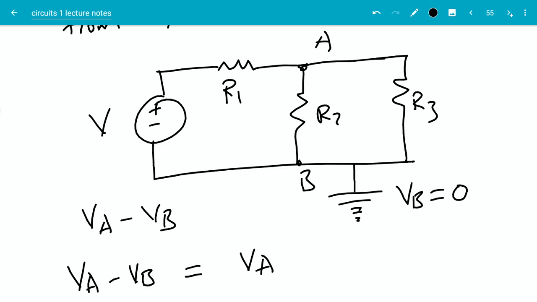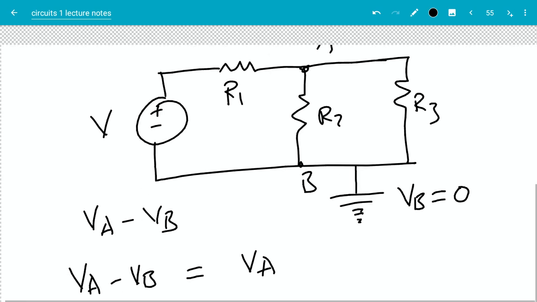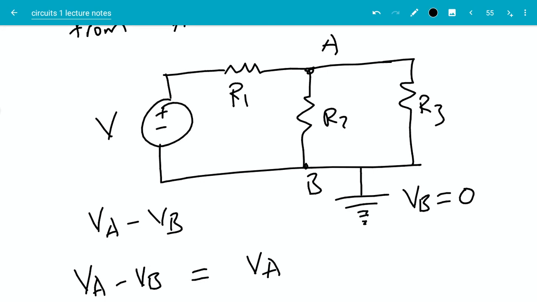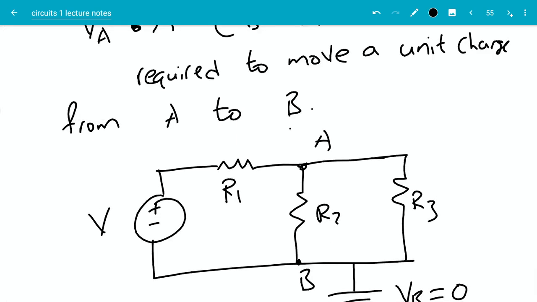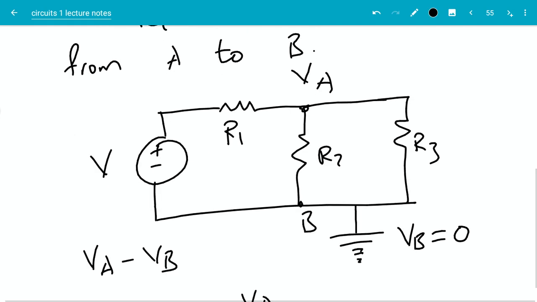Now note that this also means that, let's say I'm giving a voltage VA. Then VA is the amount of work required to move a unit charge from B to A. In that definition, note that it does not specify what path the charge needs to take.